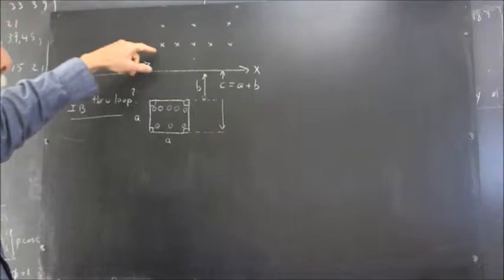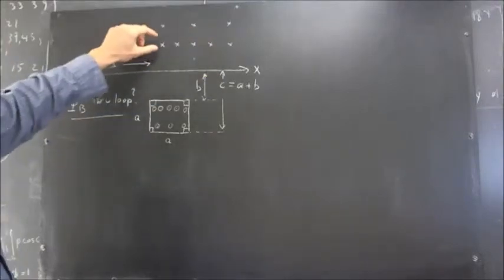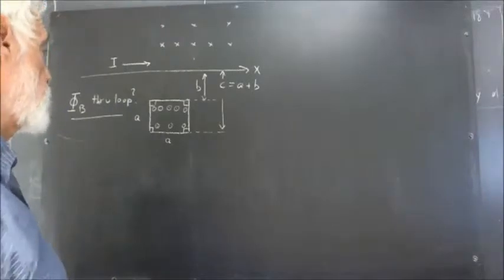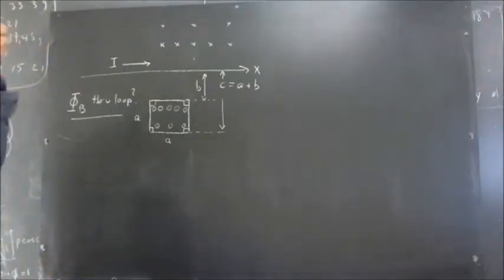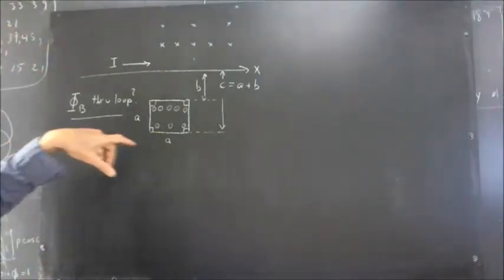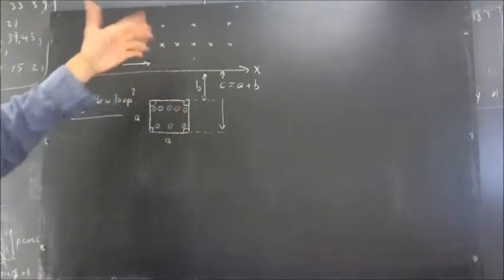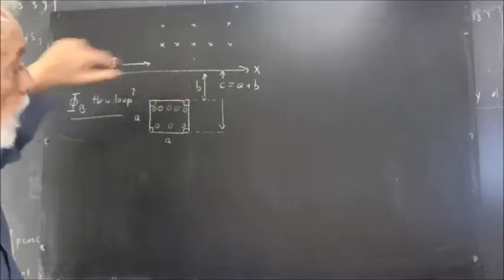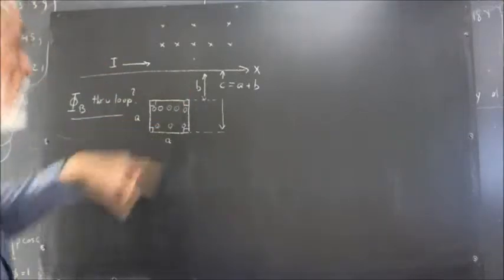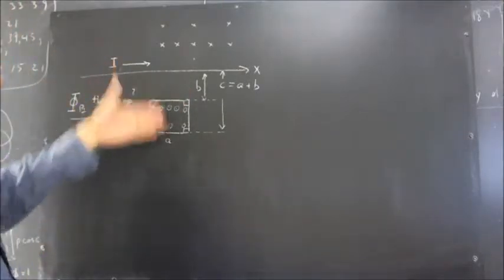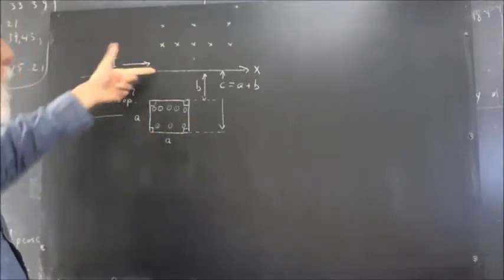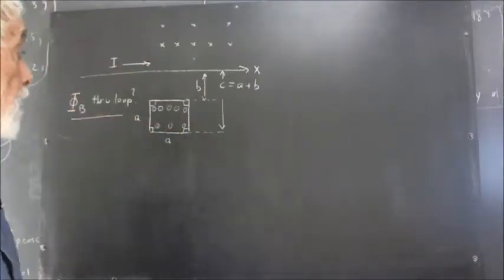So I've got field here, and the field gets less dense as you get further from the axis. Now, the field here looks more dense than it does here, but it isn't. In any case, we have the field here going into the blackboard, so that we're getting a flux through this loop due to the field that surrounds the x-axis.